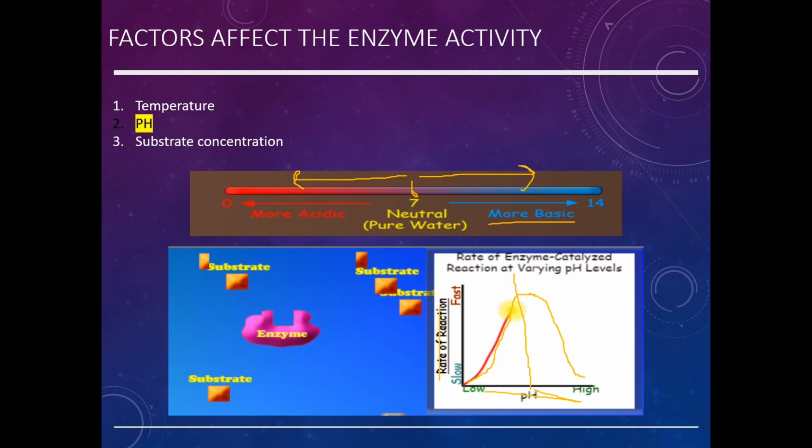For example, your stomach is very acidic, so the optimal pH for the enzyme that works in your stomach must be very acidic, otherwise it will not work. To break down the proteins inside your stomach, you need the acidic pH. That's why the stomach has this acidic pH.